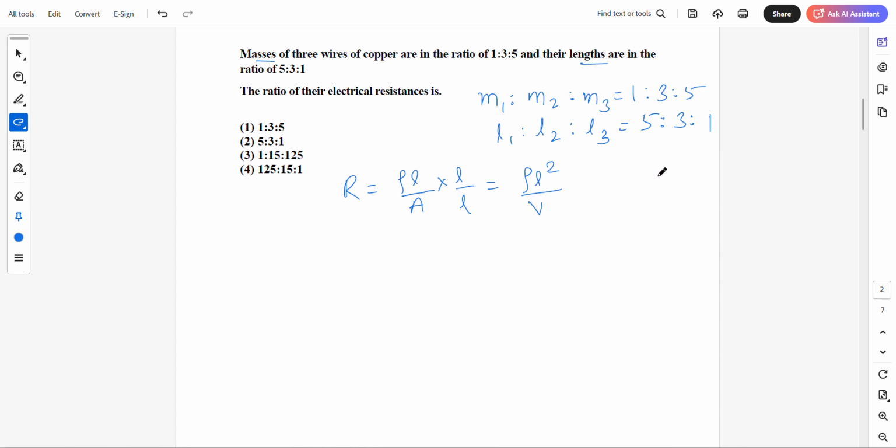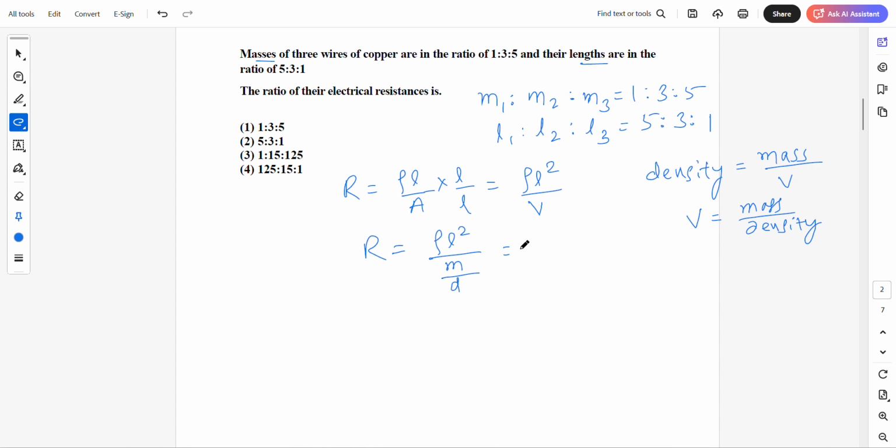We know that density is equal to mass by volume. So volume is nothing but mass by density. So here I can write R is equal to rho L square divided by mass by density.